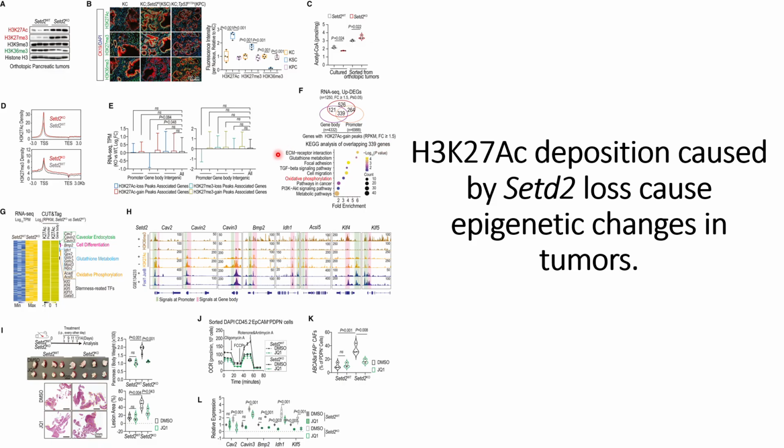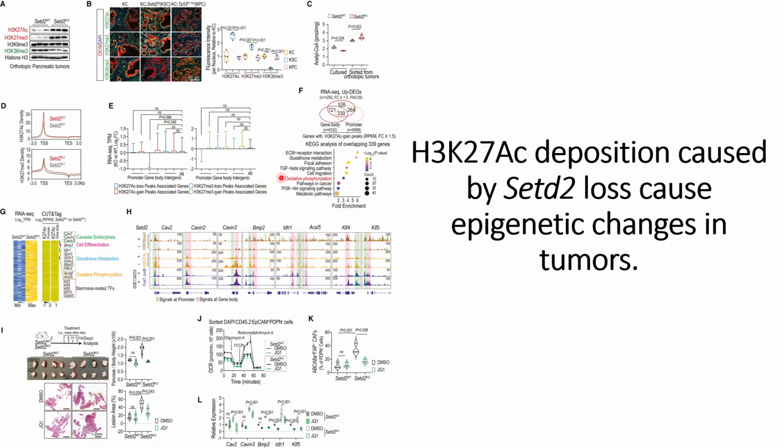The pathways that they found are ECM receptor interactions, glutathione metabolism, focal adhesions, and TGF-beta signaling. All of these are related to proliferation markers, and oxidative phosphorylation is also increased.